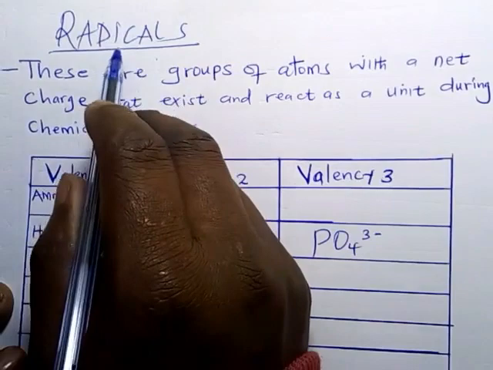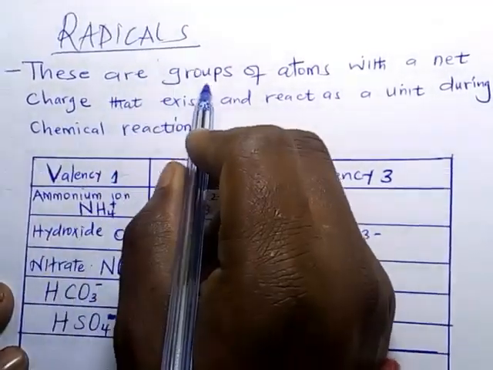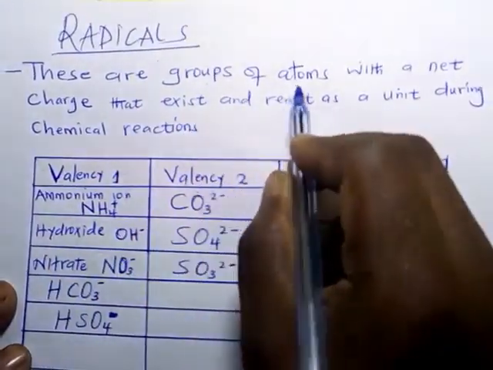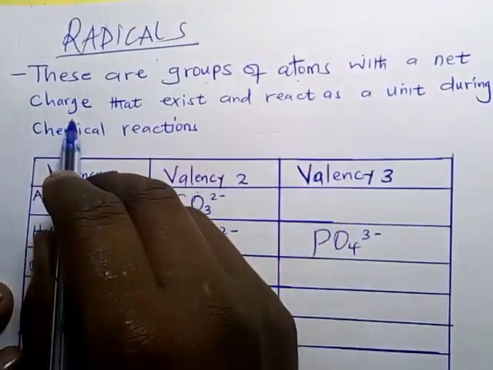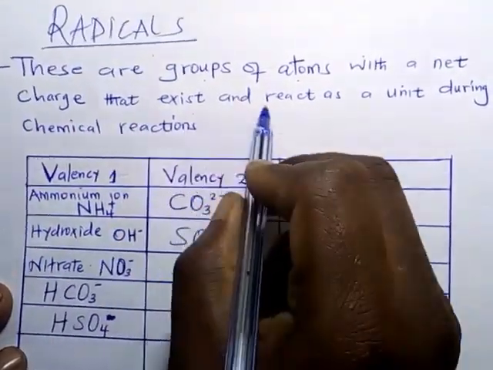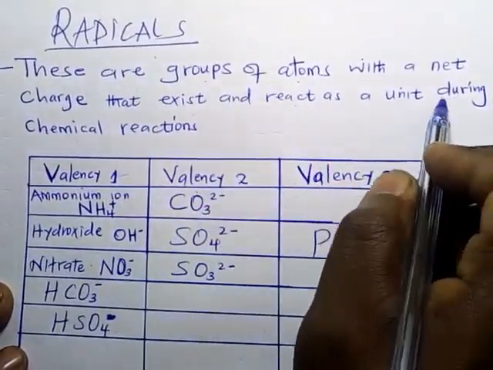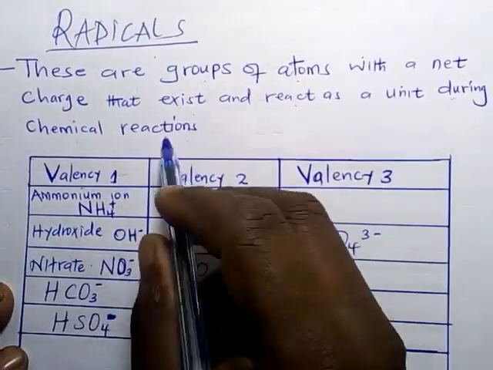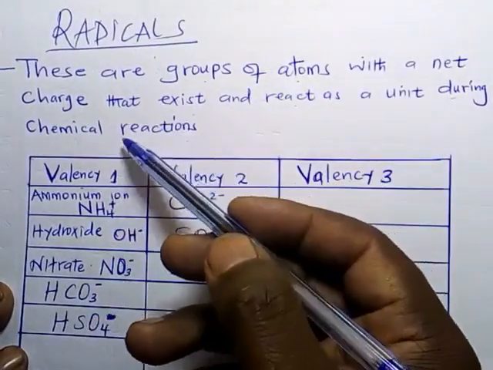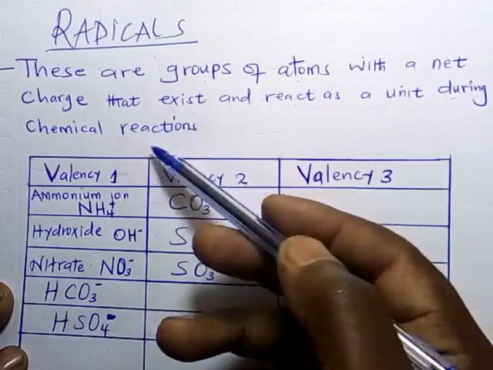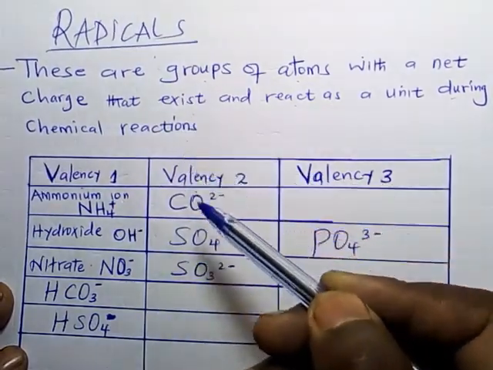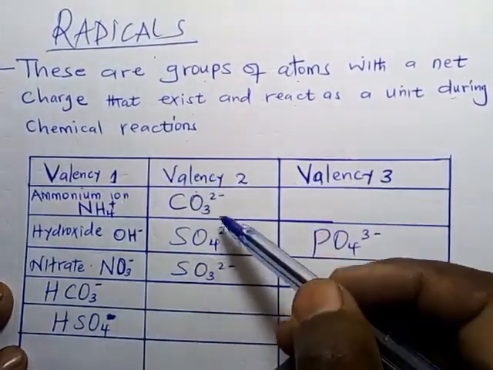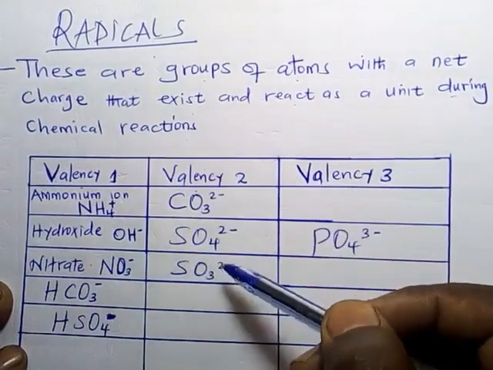What is a radical? Radicals are groups of atoms with a net charge that exist and react as a unit during a chemical reaction.